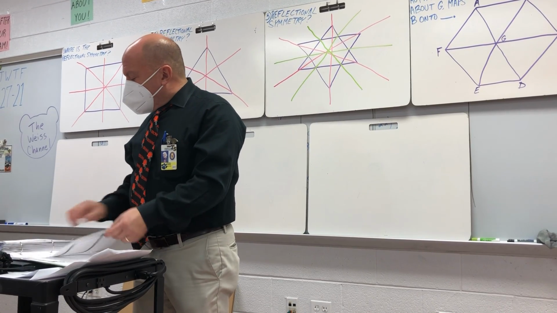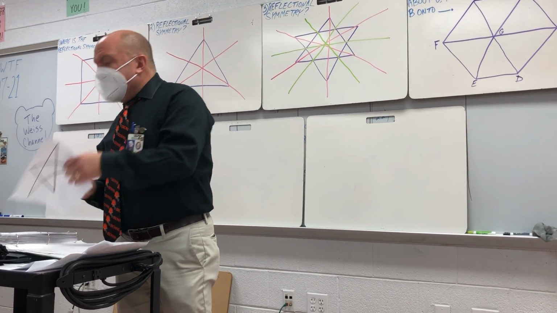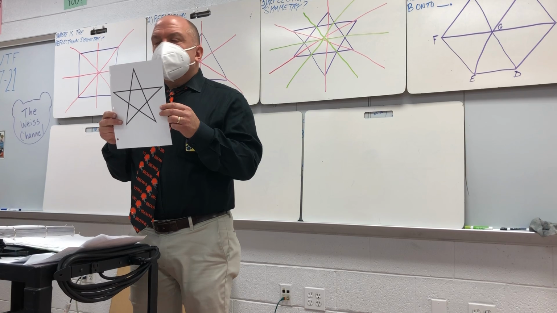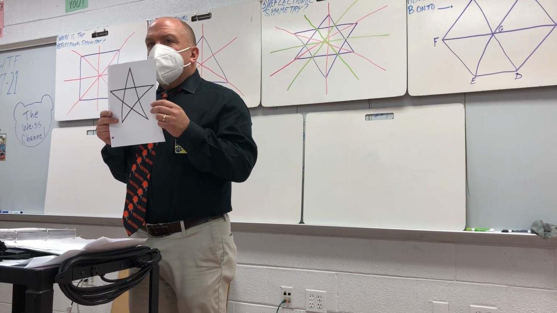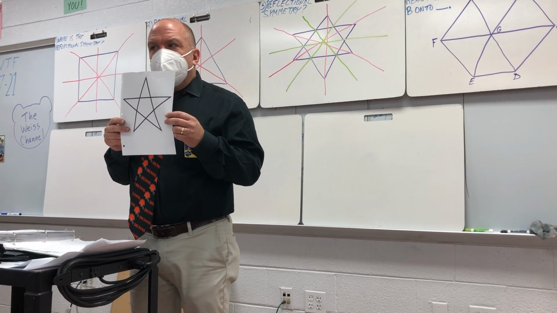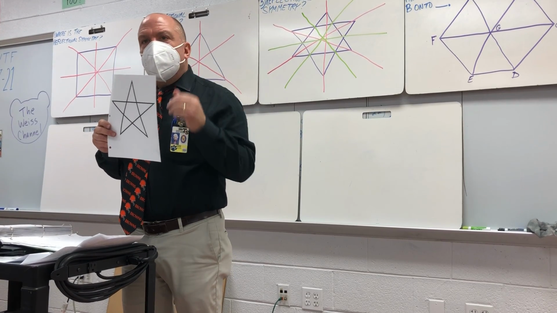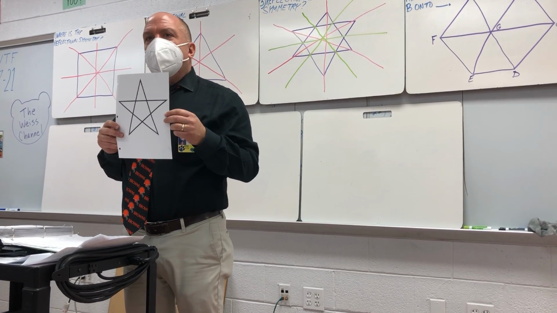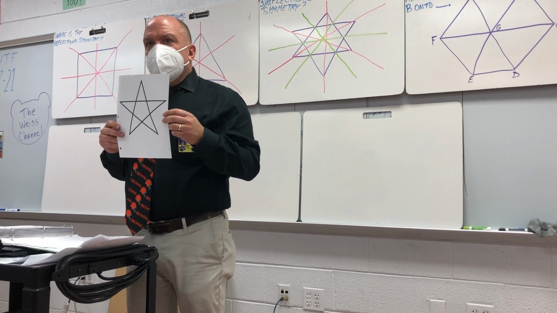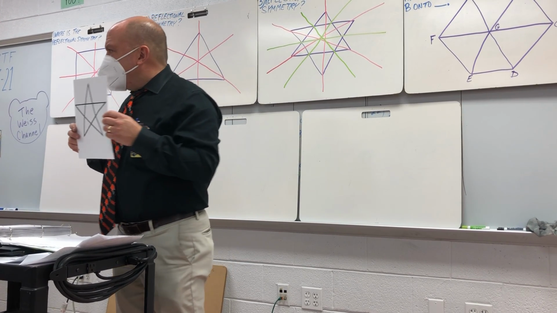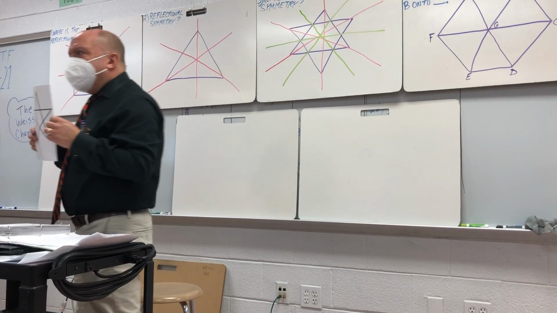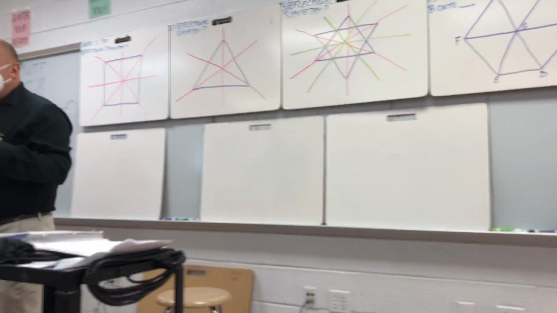Could somebody tell me then how many degrees it will be before this maps onto itself for the first time? 72. Jaden, would you tell me how you got that? 360 divided by 5. 360 divided by 5 gives you 72.